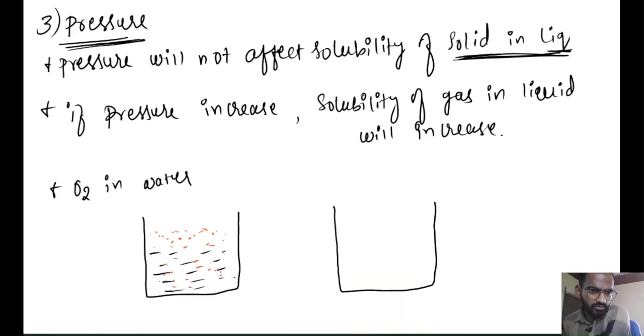Now I am having one piston over here. I close with the piston. So this is a piston. I will apply pressure, increase pressure, downwards. What will happen?